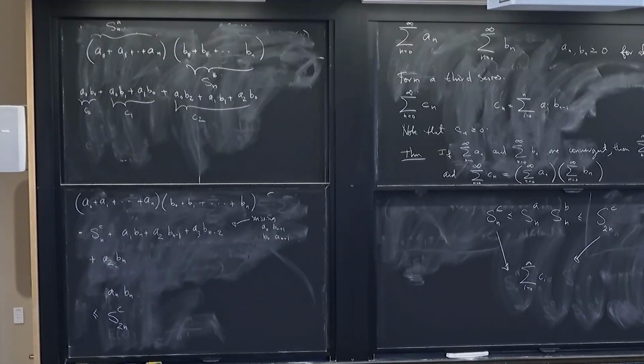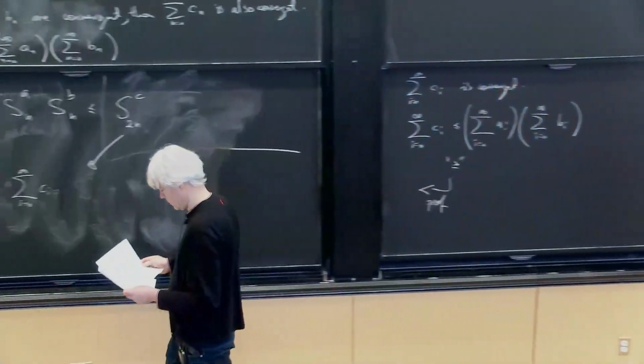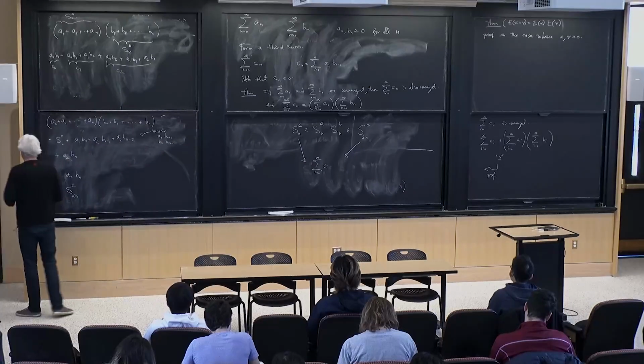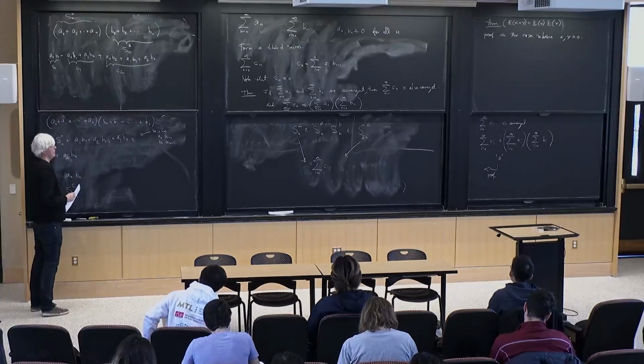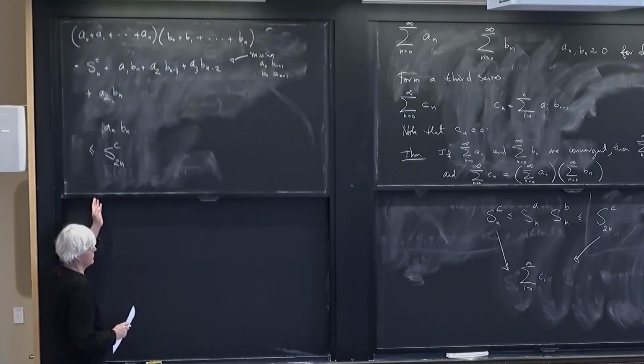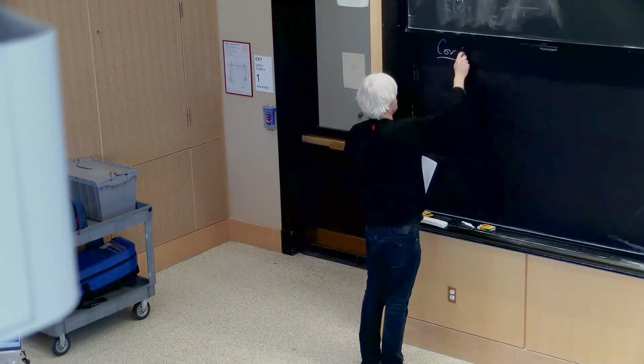Okay, so that's that if you take two series and you form the product, then that also converges if the two series are non-negative numbers. So let me just make a corollary of this.